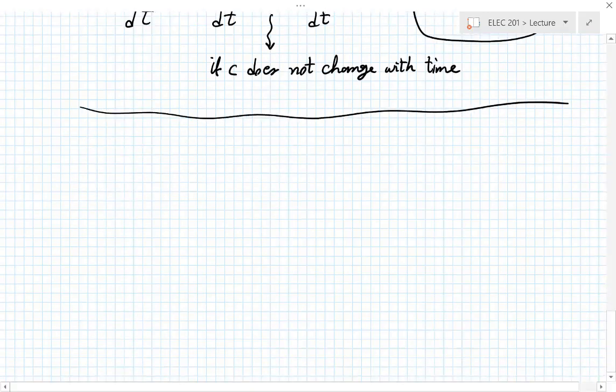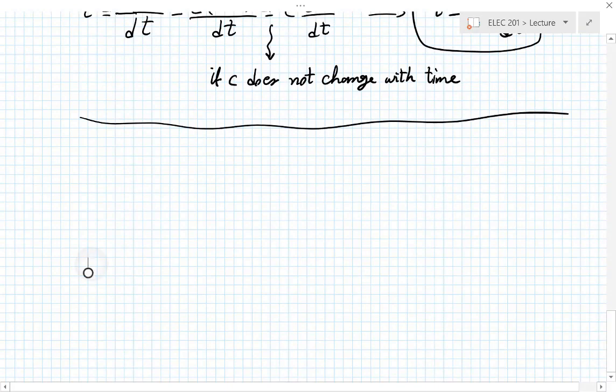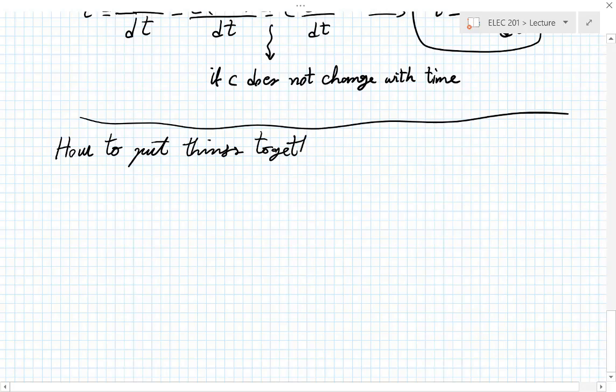Sorry. So the topic is really how to put things together in a circuit and analyze it.